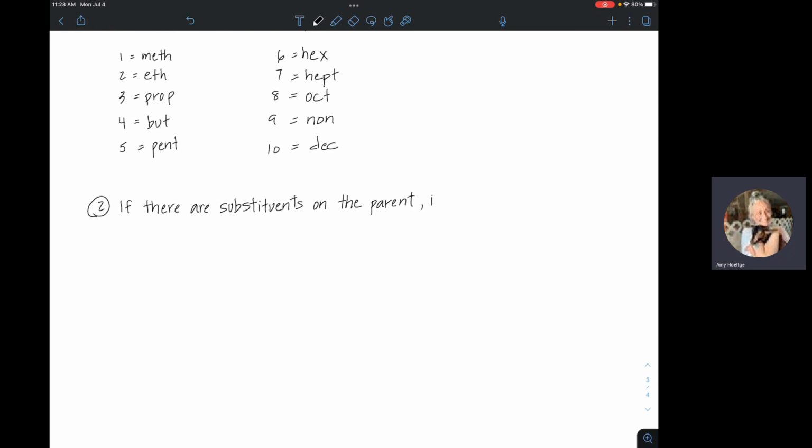You identify the carbon with a number, and you're going to give priority, in other words, the lowest possible number. I'll write that in parentheses. This will be the lowest number possible on the chain.